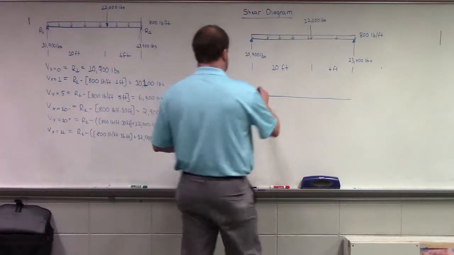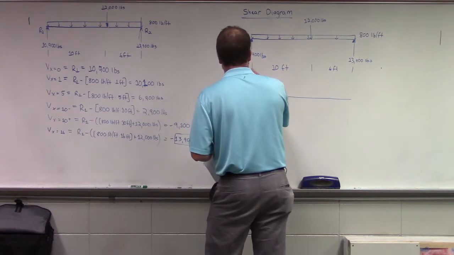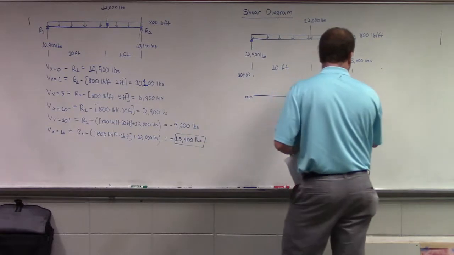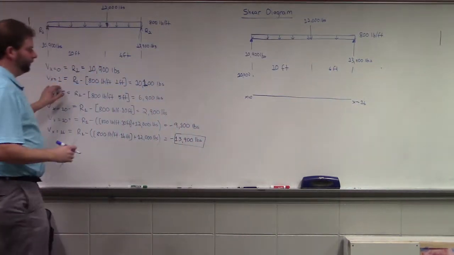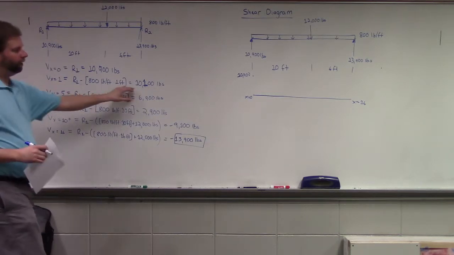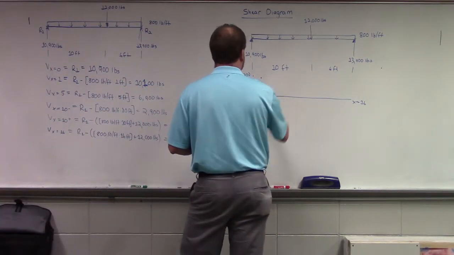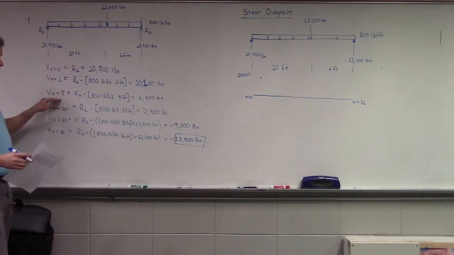So here is 10,900 at x equals 0. At x equals 1, we'll have 10,100. Okay? And then just continue stepping through the beam itself.